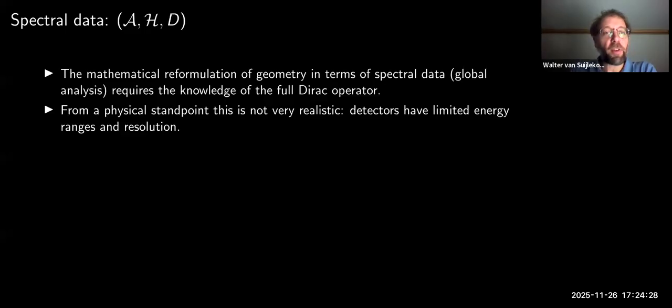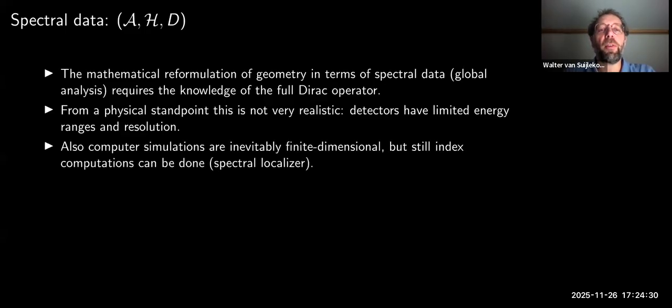The same motivation comes from computer simulations, because they have to be finite dimensional. Somehow you would like to do spectral geometry on a computer, so you have to implement it in finite dimensions. We also have some evidence that you can actually do that in an effective way. There's been work, and I have some references in a moment.